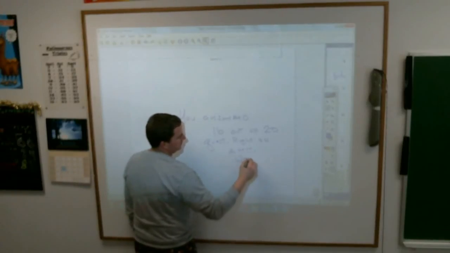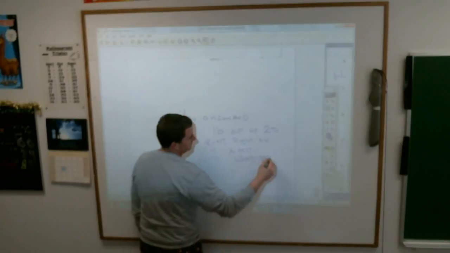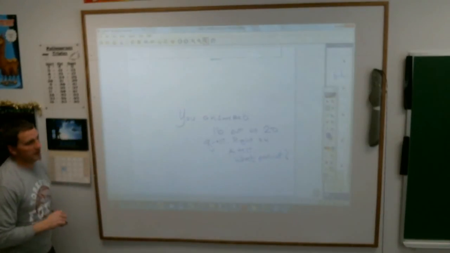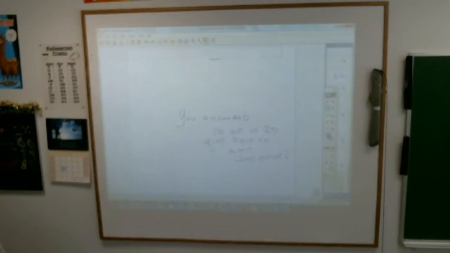What percent is that? And how would you figure that out? 16 out of 20. Any thoughts on that? Sammy Bollinger? How would I make that a percent? You change it into a fraction. Which is what? 16 over 20.